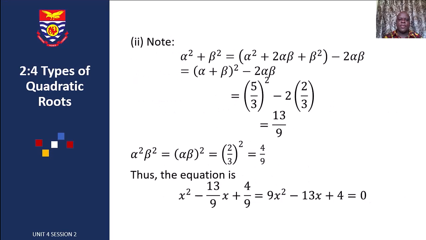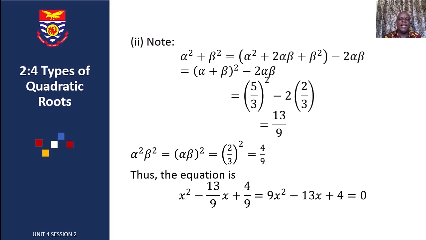Looking at the second question, where we have to find the equation for alpha squared, beta squared. We have to find the sum of the roots and find the products of the roots. Then we use it to write the equation. So the sum of the roots is alpha squared plus beta squared.